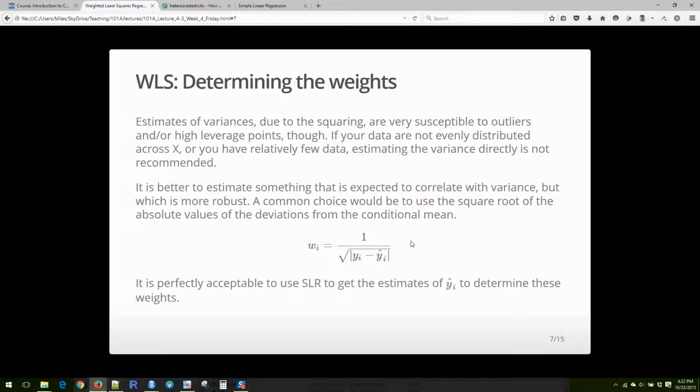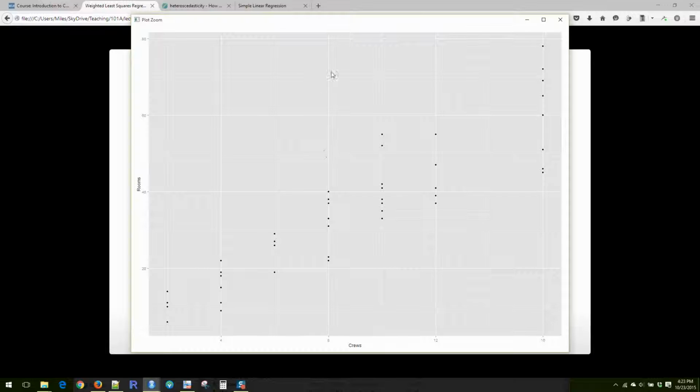I know it's like, what, is that allowed? Well, simple linear regression in terms of the mean line itself is fairly robust. It's affected heavily by leverage points, but in terms of outliers, if you had an outlier right here, the simple linear regression line doesn't really care.